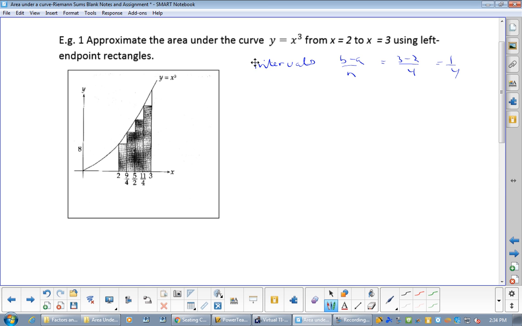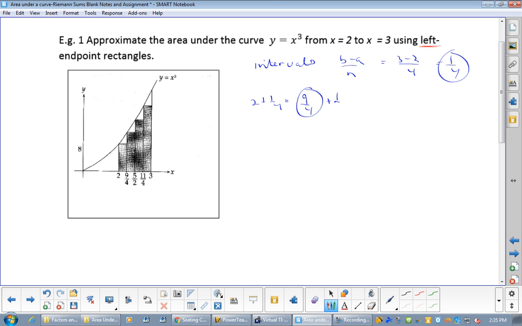Okay, so if we're going to use left endpoints, now we've got to go find our heights. Actually, let's assume we don't have all those numbers down there. If I was going from 2 to 3 and I want to do 4 intervals, then I would find my width and go 2 plus 1/4, and I would get 9/4.